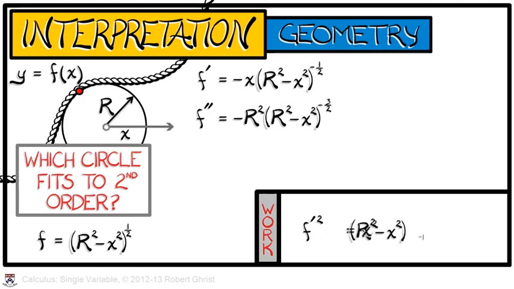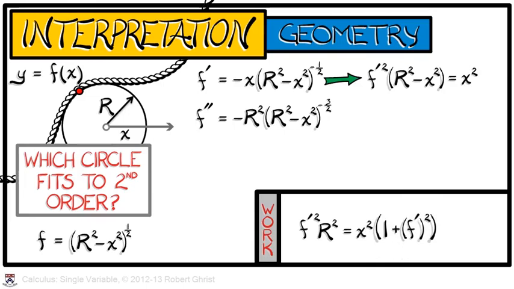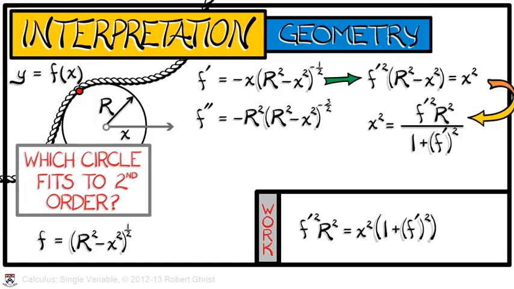Now, if we rearrange that a little bit and then multiply through by the quantity on the left, we get f prime squared times r squared minus f prime squared times x squared equals x squared. If we rearrange again, factor out the x squared term, then solving for x squared gives us x squared equals f prime squared times r squared all over 1 plus f prime squared.